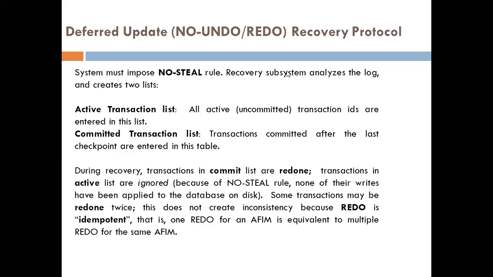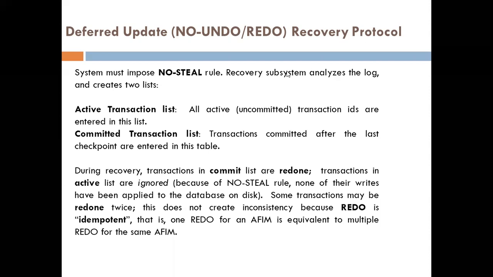Suppose the system uses the no steal rule. Then the recovery subsystem analyzes the log and creates two additional lists. One is the active transaction list, where all active transactions that are uncommitted are entered. The other is the committed transaction list, where the transactions that are committed after the last checkpoint are entered.